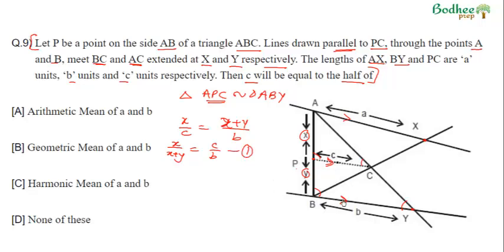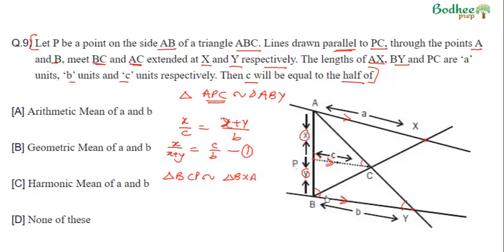Now moving to the next set of similar triangles, which is triangle BCP. Triangle BCP will be similar to triangle BXA, right?